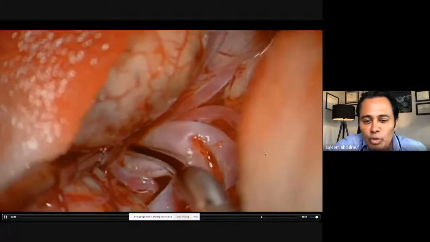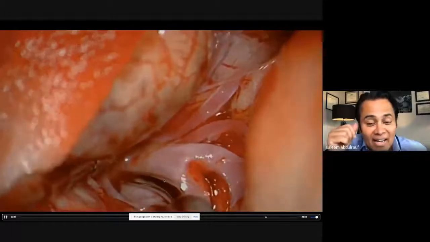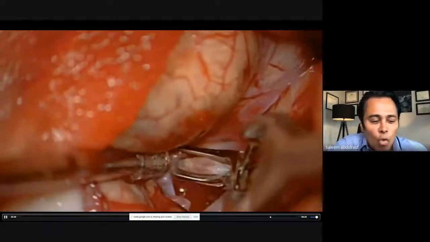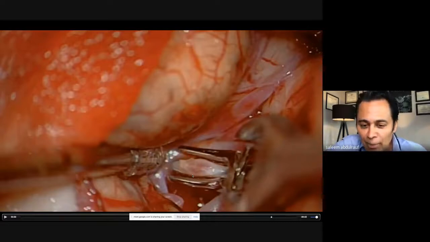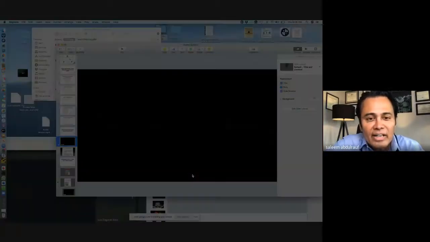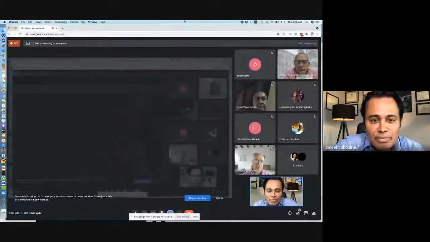Now I'm clipping it without the temporary clip because I know this patient is not going to tolerate occlusion of the M1. Under general anesthesia, I would have never known that this patient does not tolerate M1 occlusion at all. I would have left a temporary clip on, and potentially this patient would have woken up with a stroke. That's the issue that I'm really trying to get to in this question you just asked me.